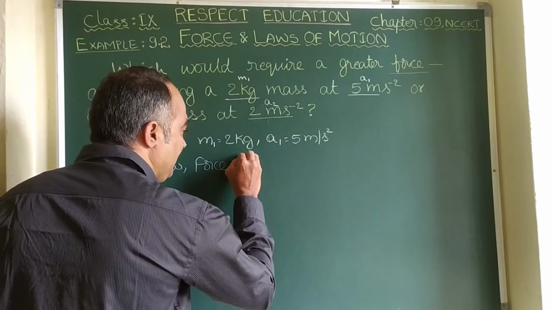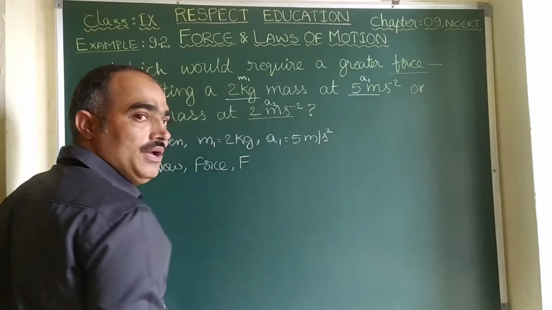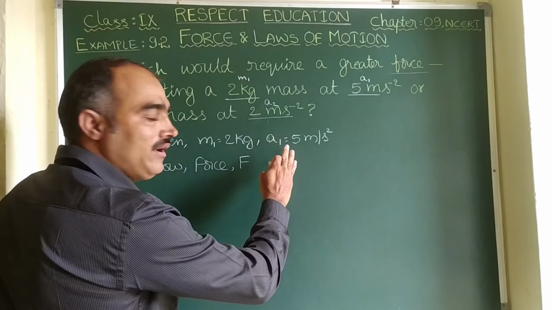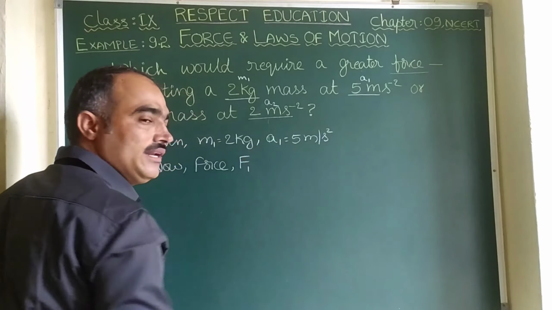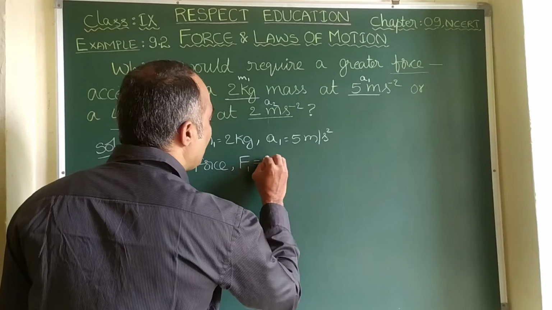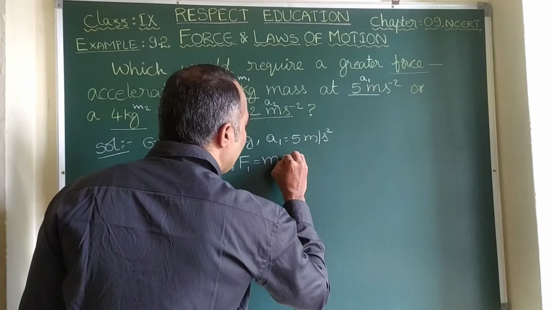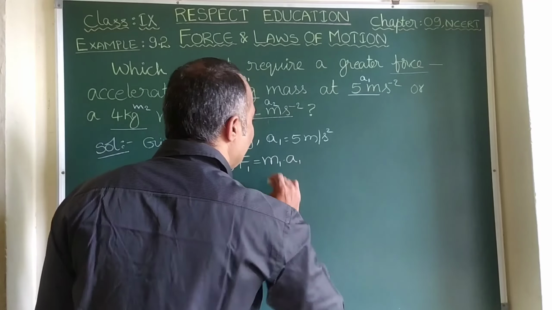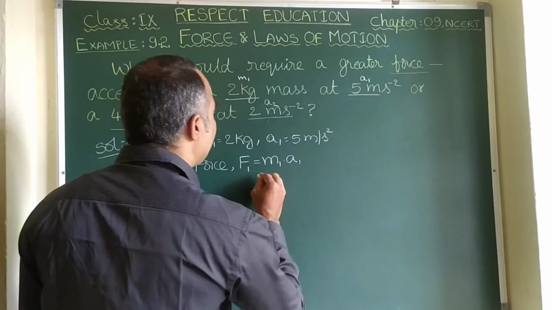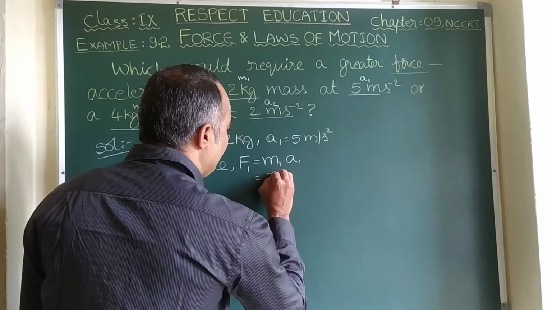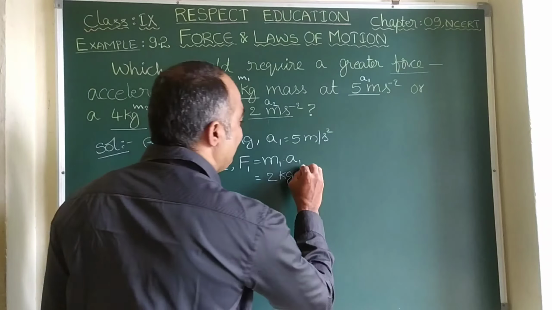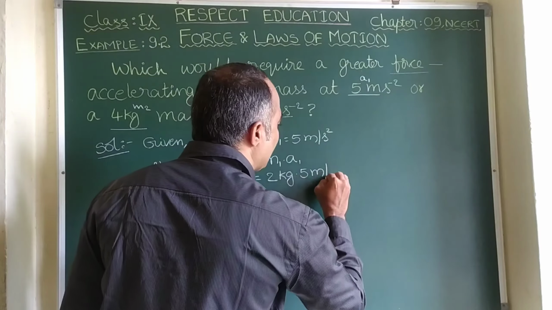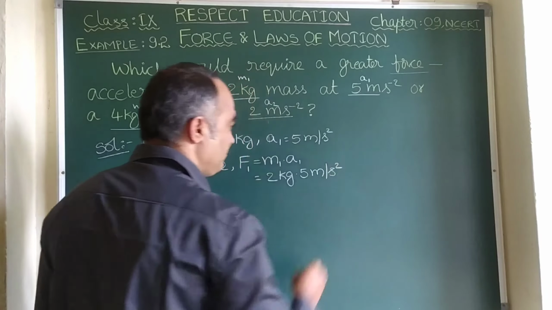Force is denoted by F, but as we are finding for the first case, let us consider it as F1. So F1 formula is m1 into a1. Let us substitute these values. So here m1 is 2 kg into a1, a1 is 5 meter per second square.